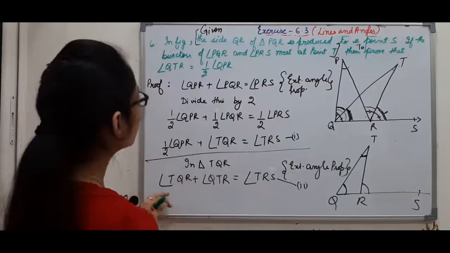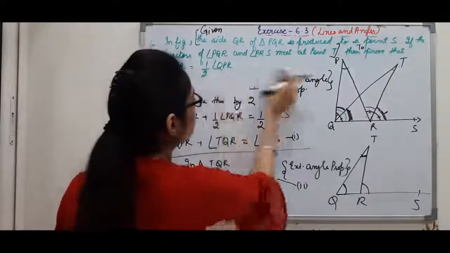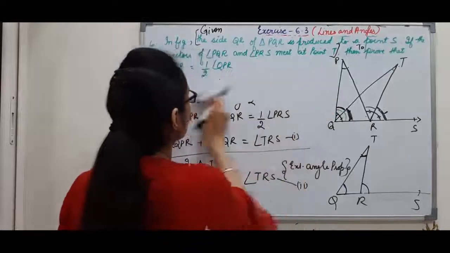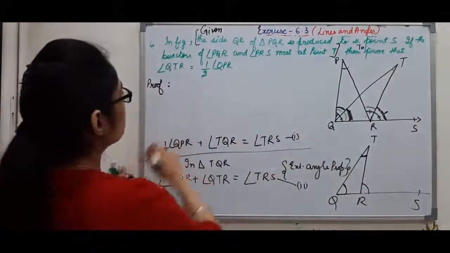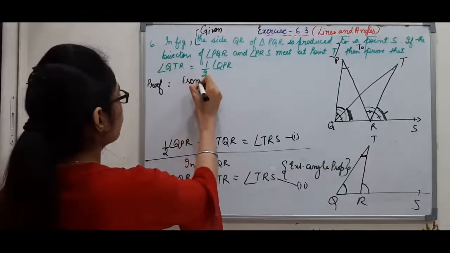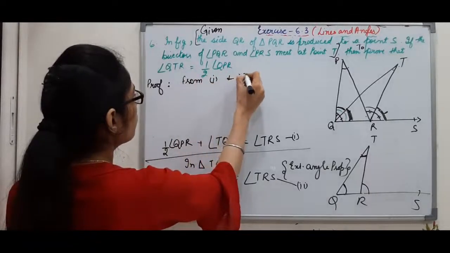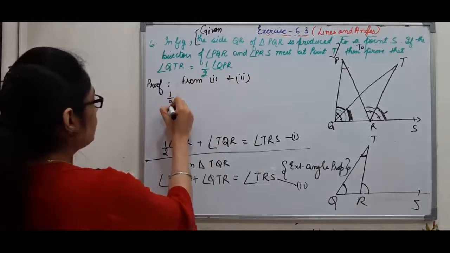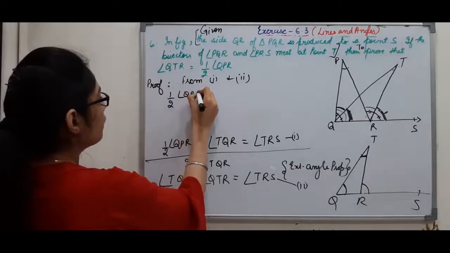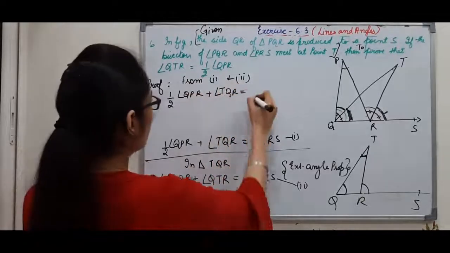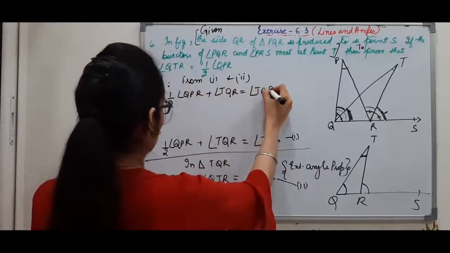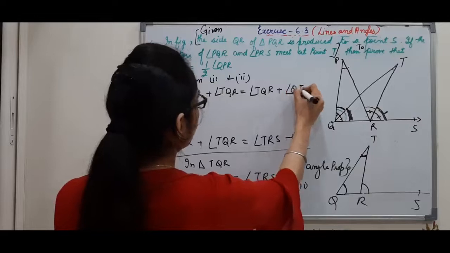So from point number 1 and 2, half angle QPR plus angle TQR is equal to angle TQR plus angle QTR.